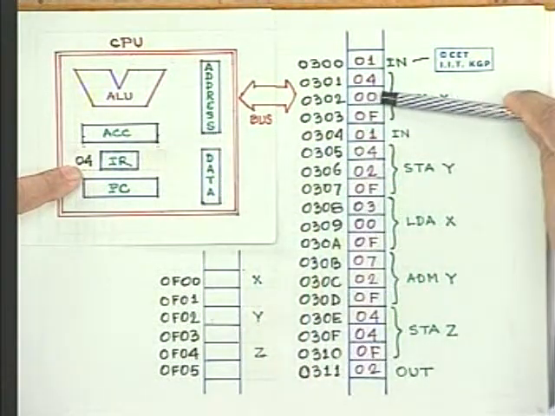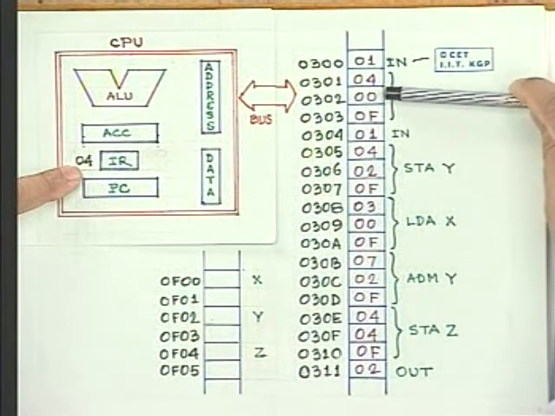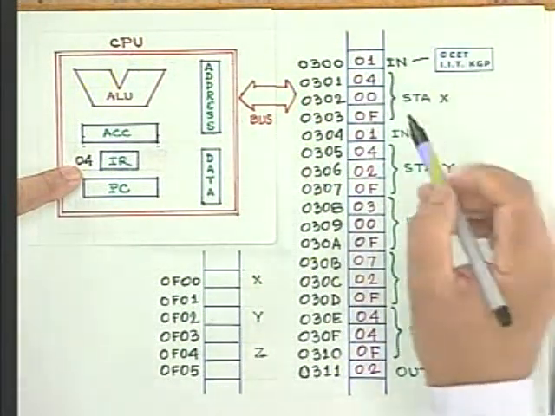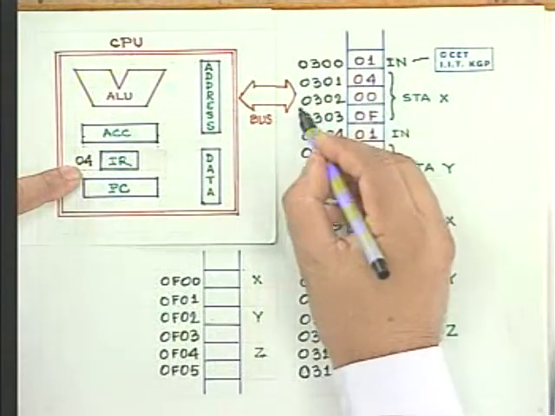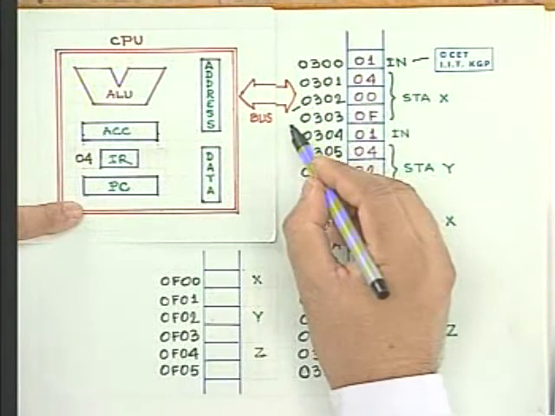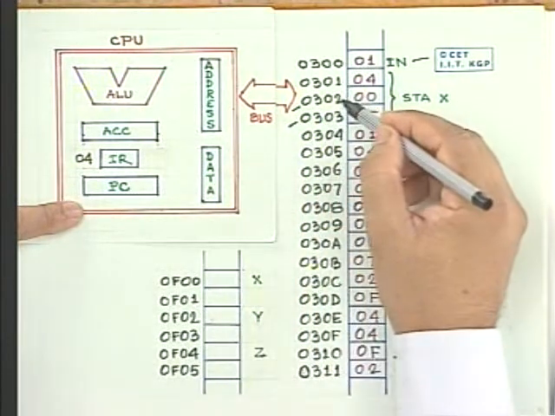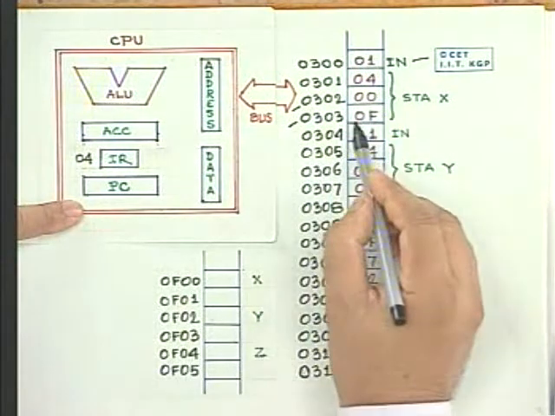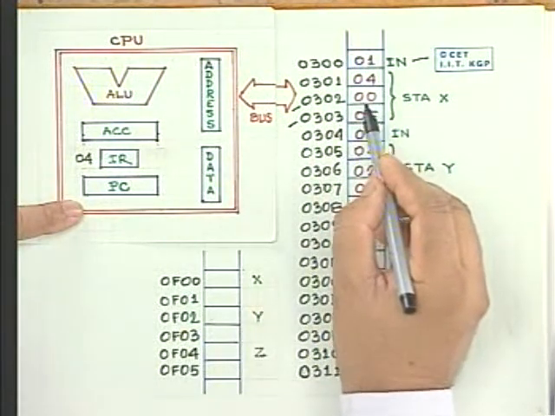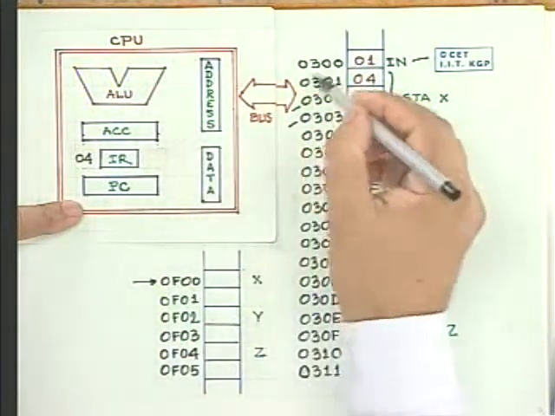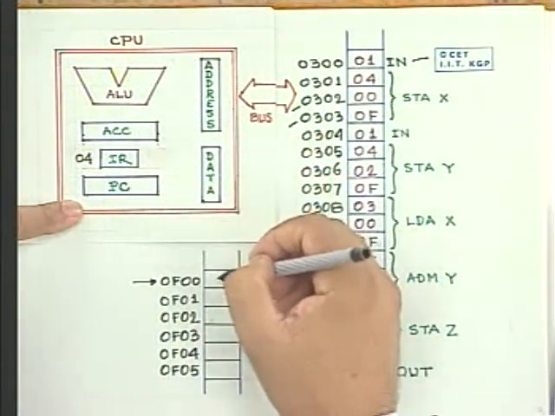The address is obtained from the memory locations pointed to now by the program counter, which are now say 0302 and 0303. The content of these two memory locations will be taken together. 0F00 will be the address, and in this address whatever was input into that accumulator will be stored.